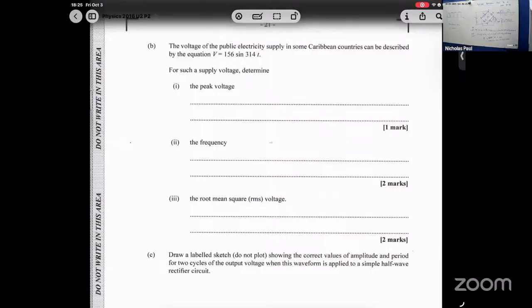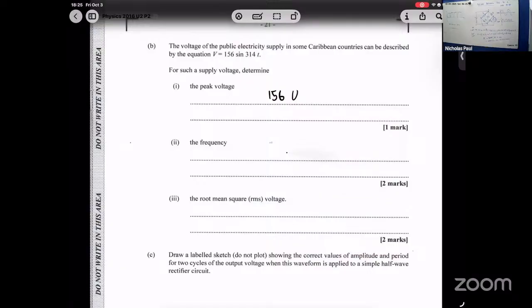Right, the peak value is how much? Voltage, right? So 156 volts, right? What is the frequency? 1 over T. Peak value is 156 volts, right? Frequency is, write a period, sorry.